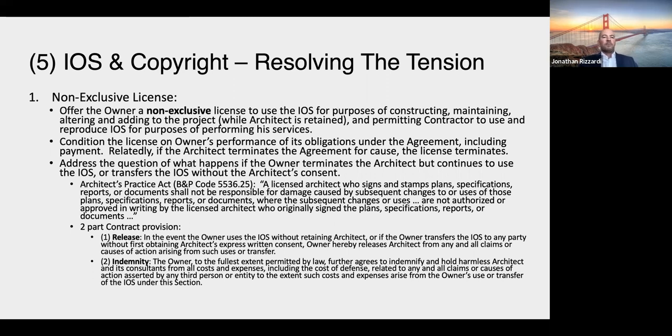But the first way to address all of these issues, and I think the most common way, is that the owner gets a non-exclusive license, which basically means the owner gets the right to use your documents for whatever purposes you list. And generally it's to complete the project, to have the contractor complete the project while you are retained as the project architect.